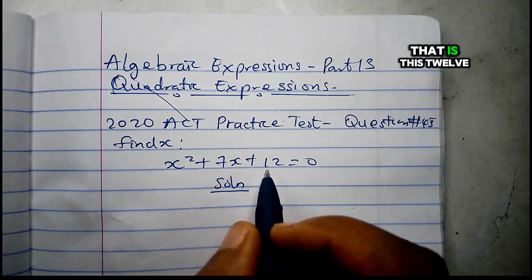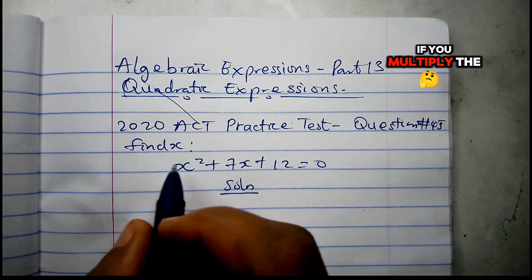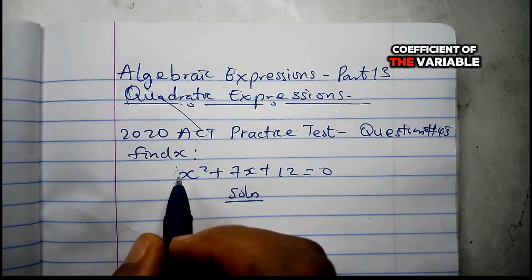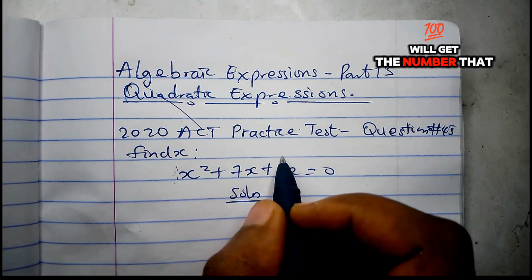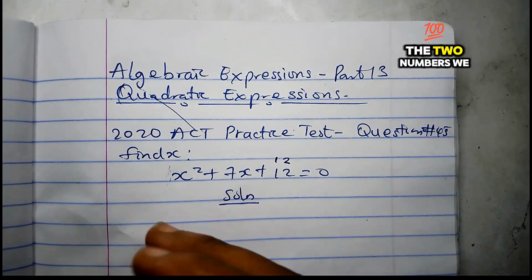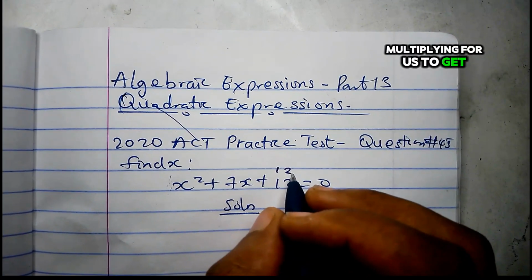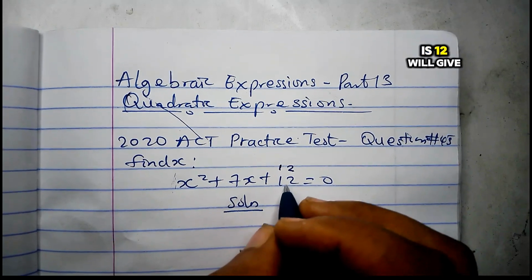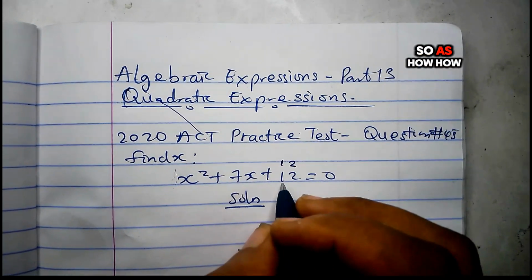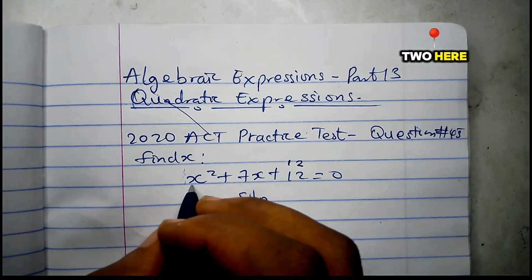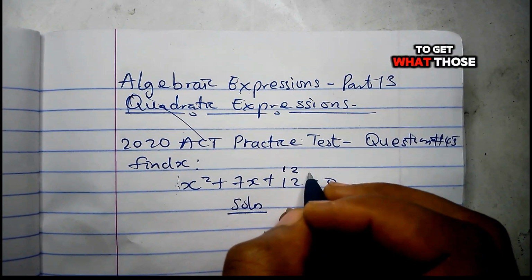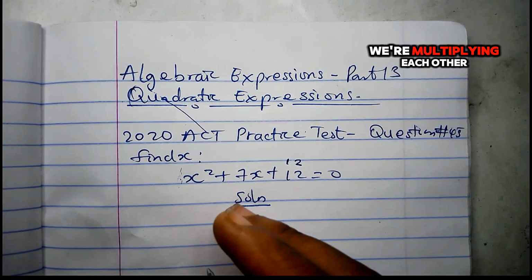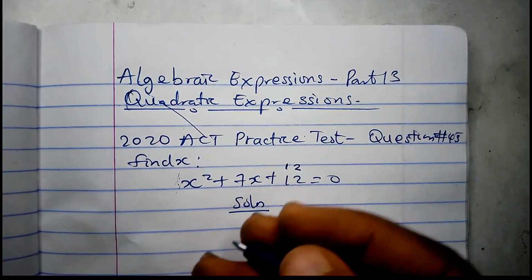That is, if we multiply the coefficient of the variable carrying the power of 2 by 12, we get the number we want the two numbers to multiply to. 1 times this 12 gives us 12, so that's how we ended up here. If there was a 2 here, we'd multiply that 2 by 12 to get what those two numbers multiply to. Let's go on with the solving.